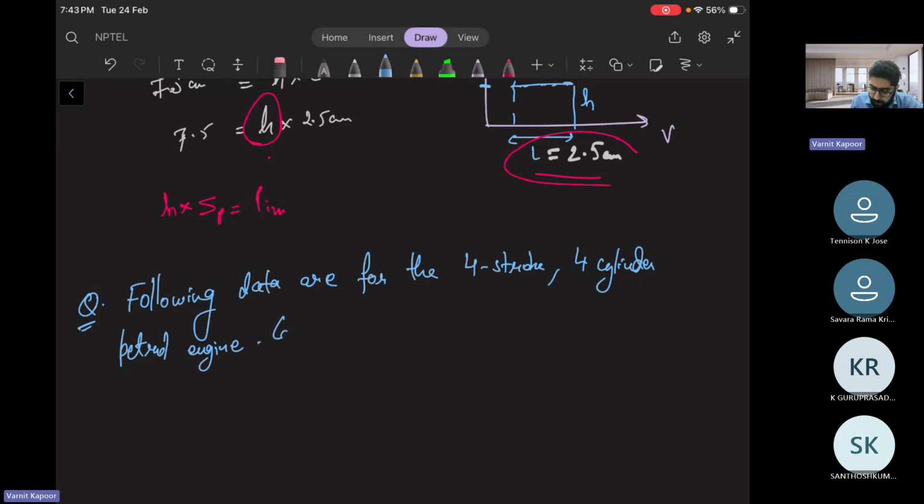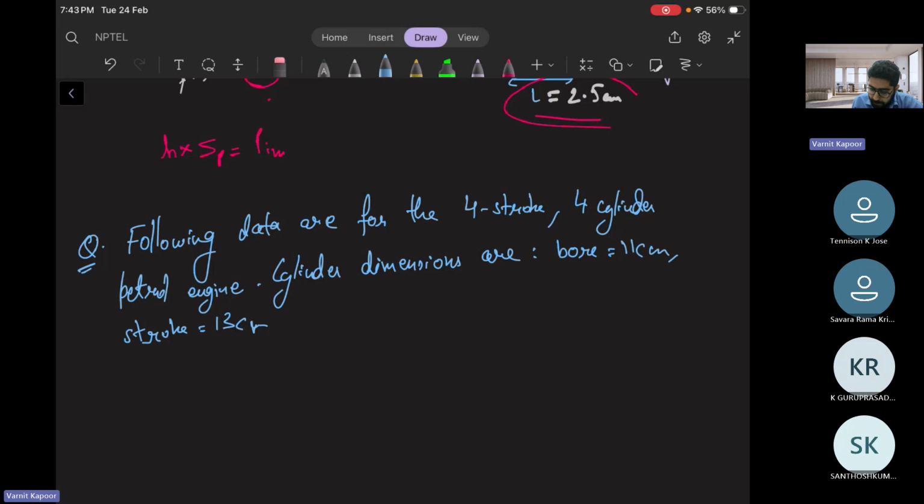Cylinder dimensions are: bore is given as 11 centimeter, stroke is given as 13 centimeter, engine speed is 2250 RPM.